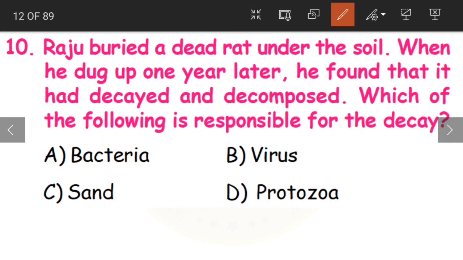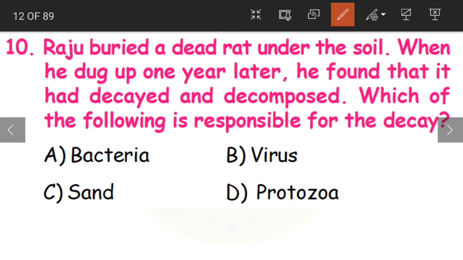Now, the next question, children. Raju buried a dead rat under the soil. When he dug it up 1 year later, he found that it had decayed and decomposed. Which of the following is responsible for the decay? So Raju buried a dead rat under the soil.